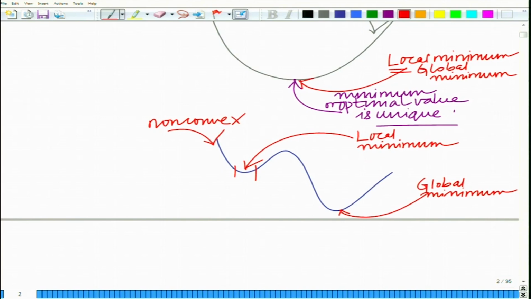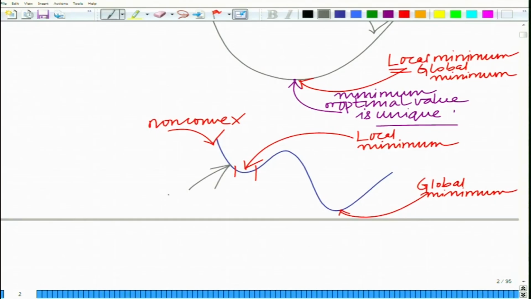The problem is that the optimization algorithms that you employ can get trapped in these local minima and yield spurious solutions, which are not actually the optimal values of the objective function.